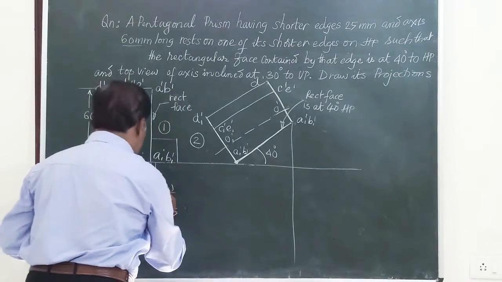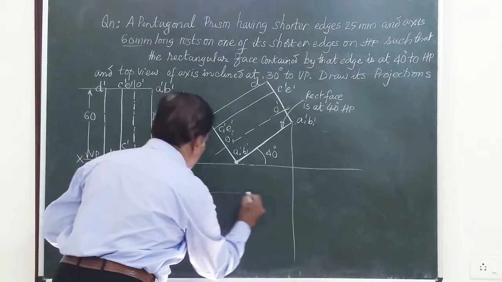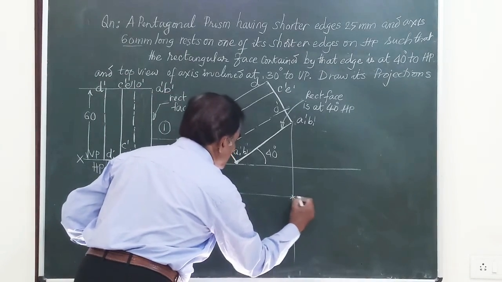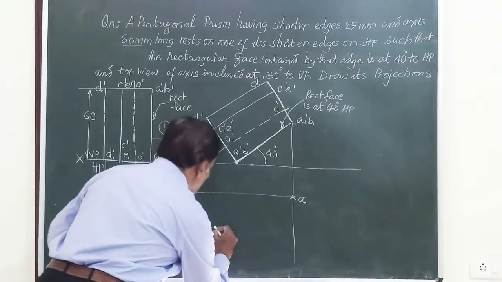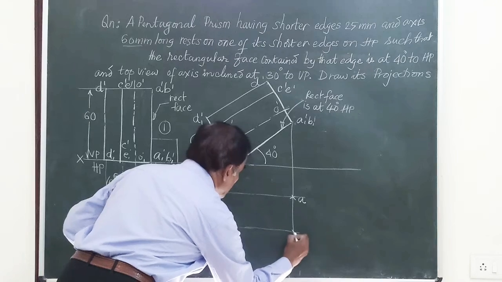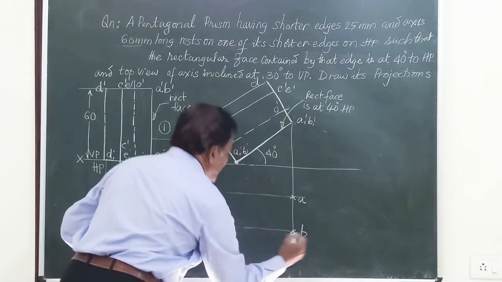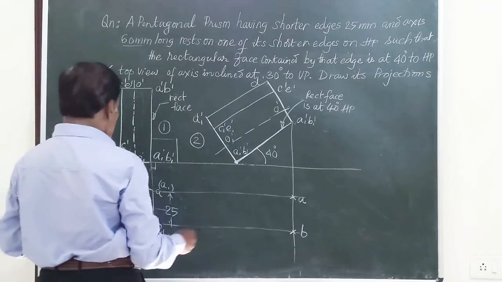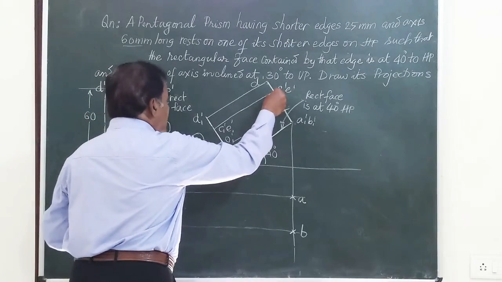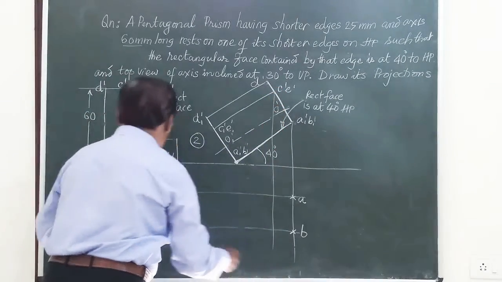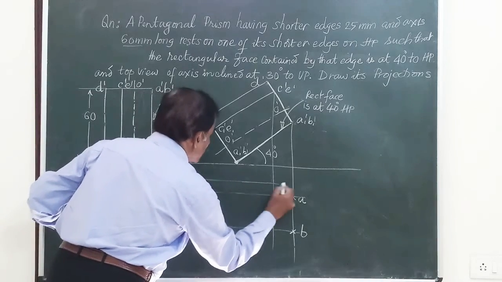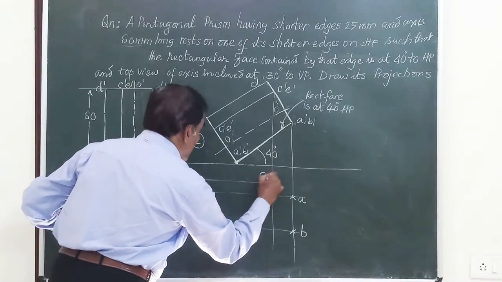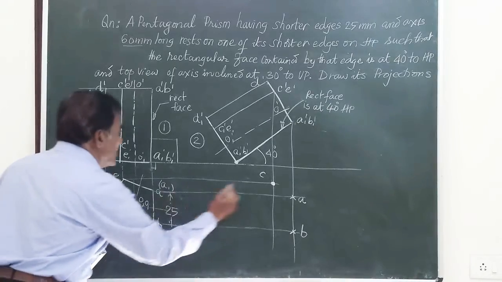Vertical line from here, the horizontal lines here. This point will give you A. Similarly B, you know very well this AB is going to be 25 mm. Again AB, then CE we will take line C and E. Vertical line from there, horizontal from E and C. This point is C and the other point, this is E, sorry.